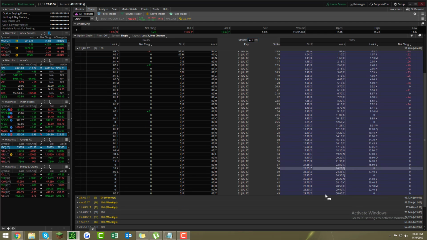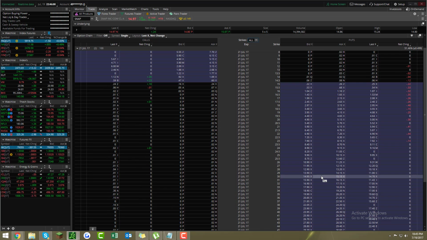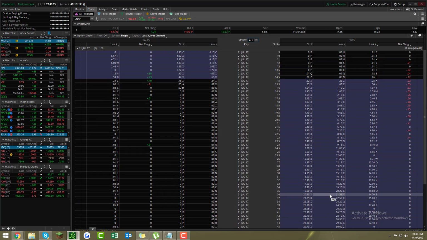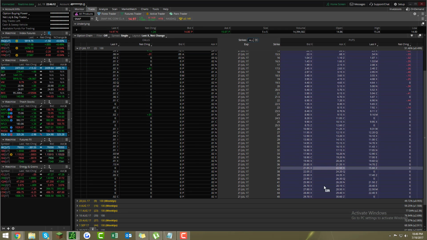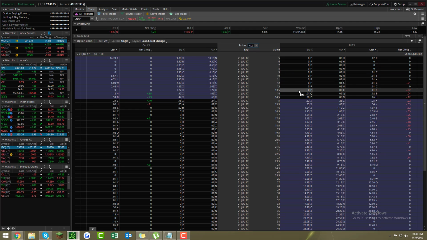These are worth 29, so it does look like the puts have it, while this right here is only 10, 15. As time goes on, these are going to decay, these right here are practically worthless. These right here are the only worth that is actually out there in the options chain.